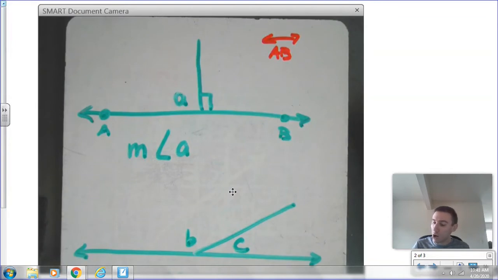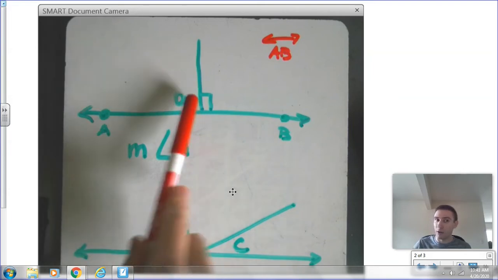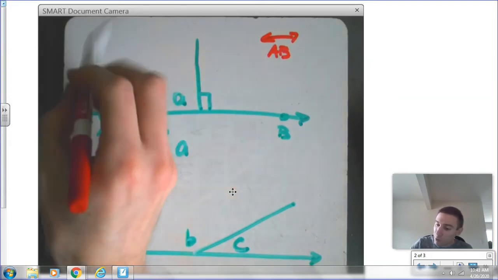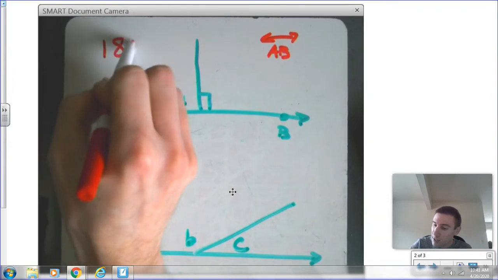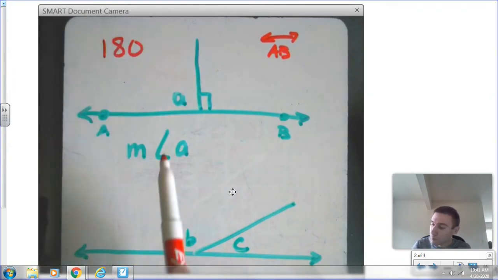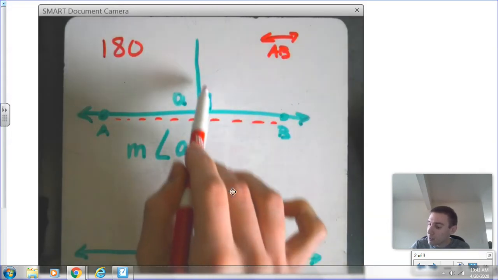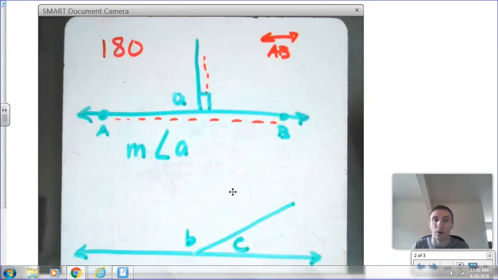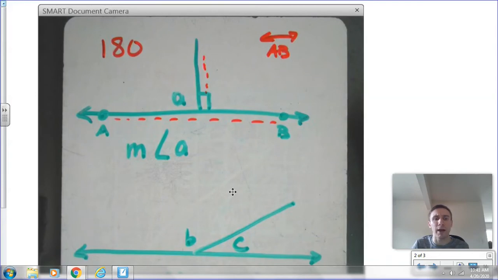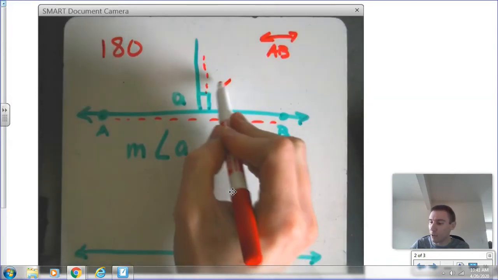So my job is to figure out and use the rule of 180 because it's a point or an angle on a line. So I have to figure out if there's 180 degrees here on this entire straight line, and right here, there's a right angle. So how many degrees are in a right angle, right? We see the right angle box right here.